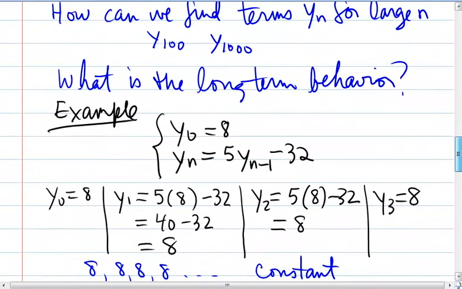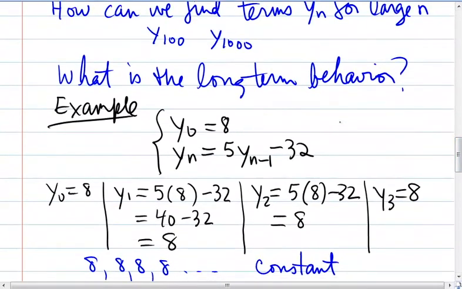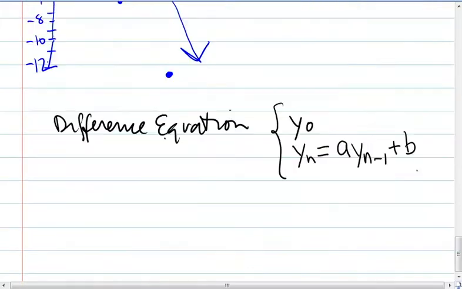Back up here, with this constant sequence, I have y0 is 8. That's the initial term. And a, the multiplier, is 5. And b is negative 32. So every difference equation I can write like this with a and b.